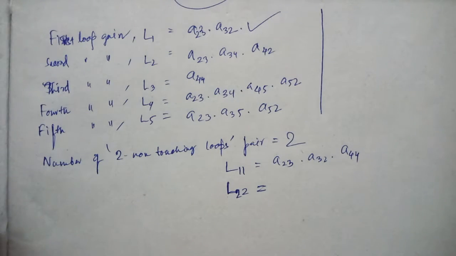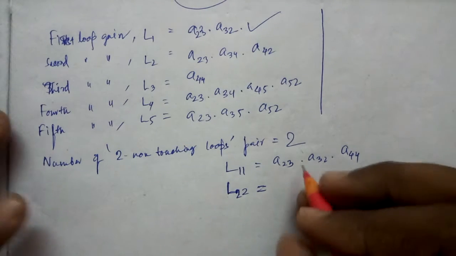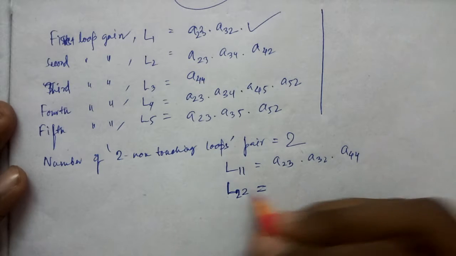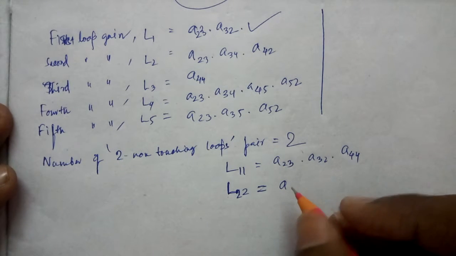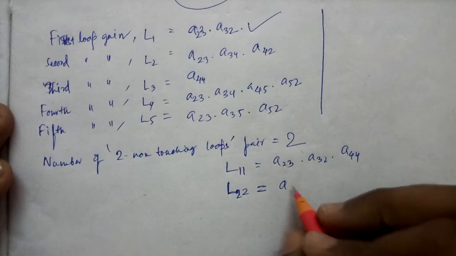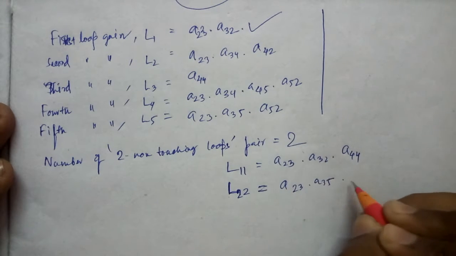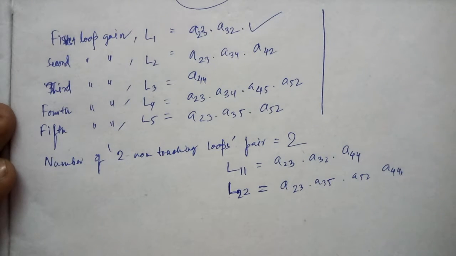From here you can easily find the transfer function of any kind of system, and you can calculate it faster. So the last product will be a23 a35 a52 and a44.